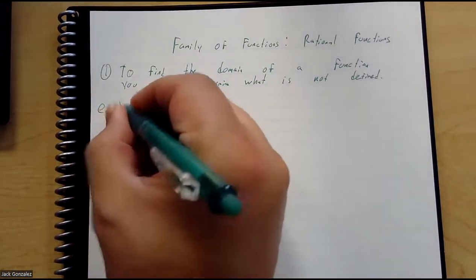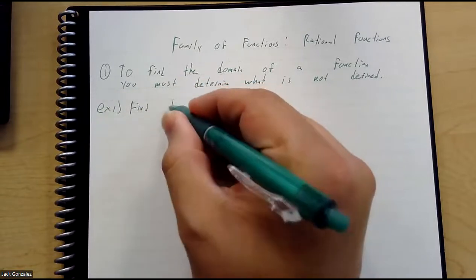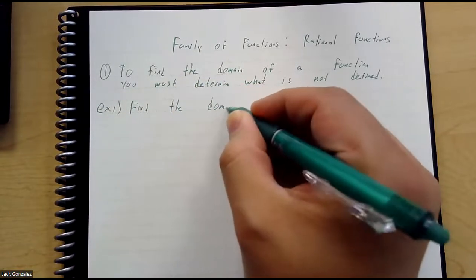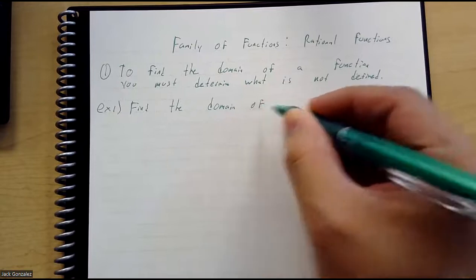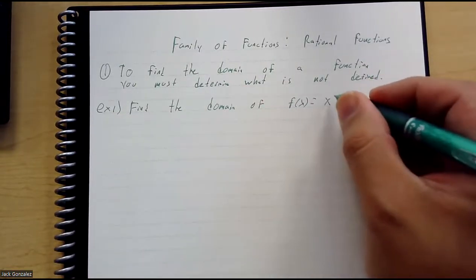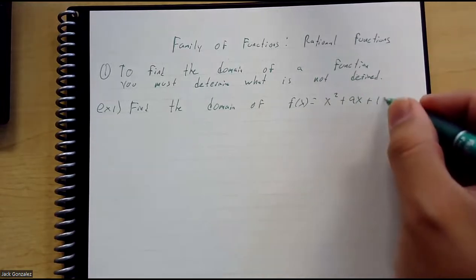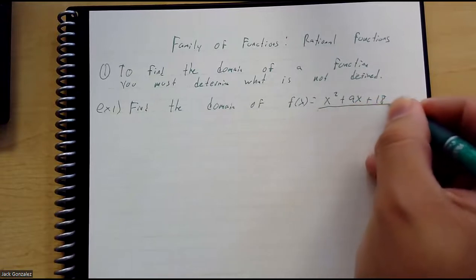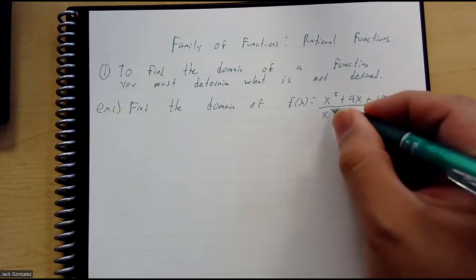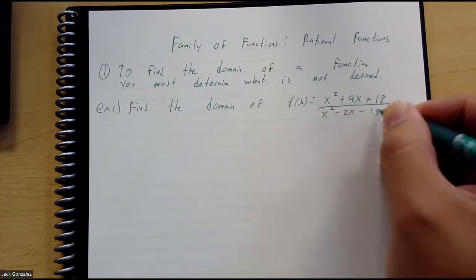So the first couple of examples ask you about the domain. Find the domain of f of x equals x squared plus 9x plus 18 over x squared minus 2x minus 15.